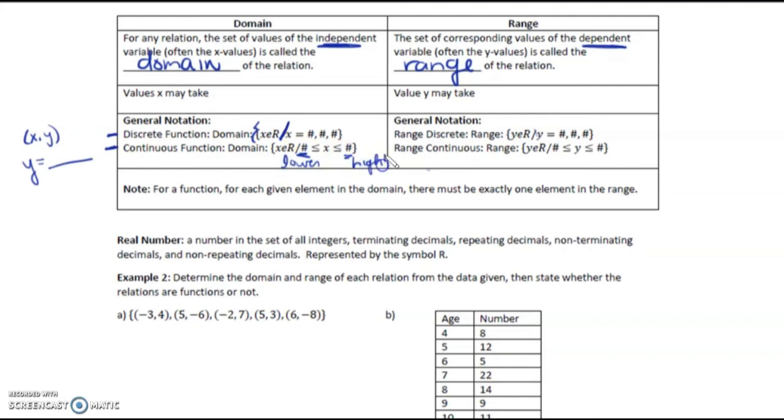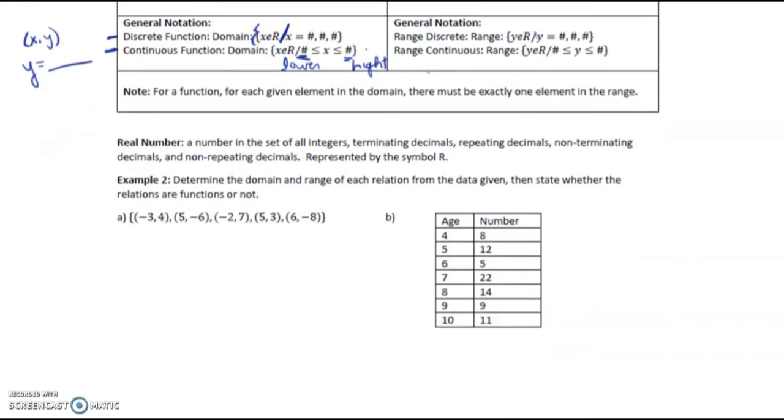So maybe x is between 2 and 10. Same thing for y: y is an element of the real number system such that y is between, say, -10 and 45. And please note, for a function, for each given element in the domain, there must be exactly one element in the range.